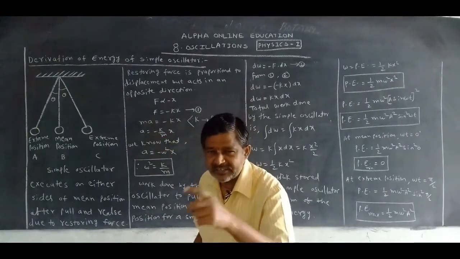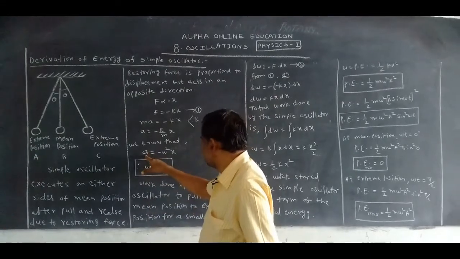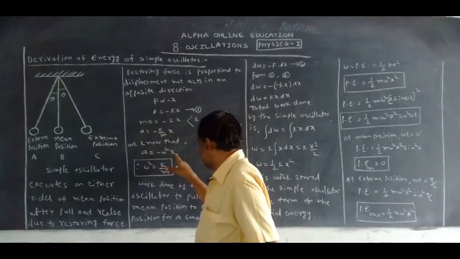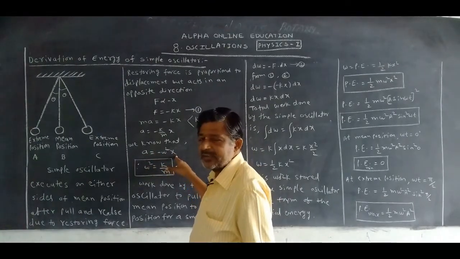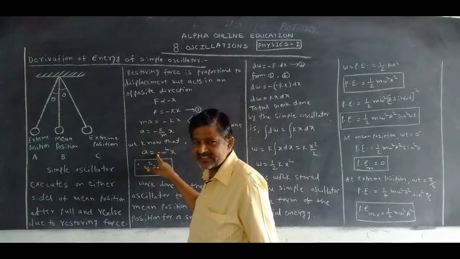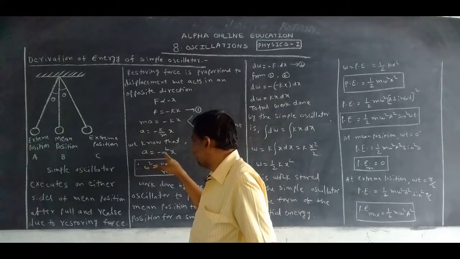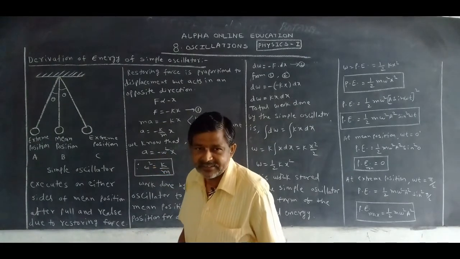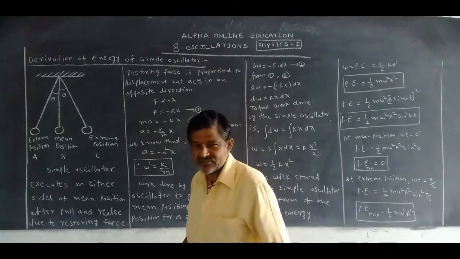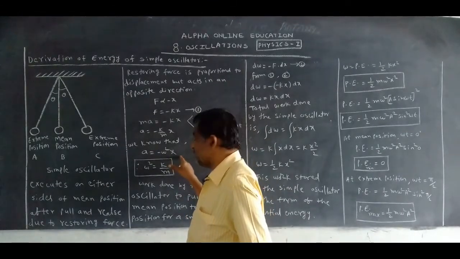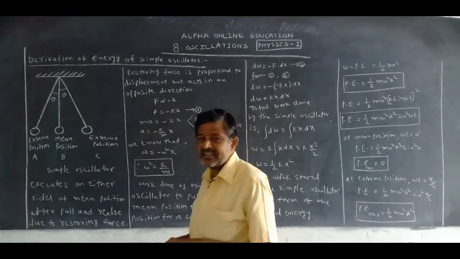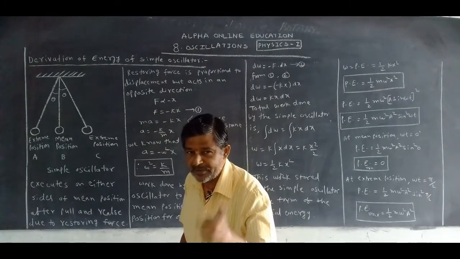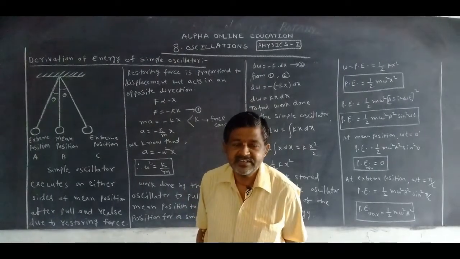We know that the acceleration of a particle in SHM is proportional to displacement and acts in the opposite direction. If we remove the proportionality, we get omega square. This we got in the first 8 marks question. You must always remember this equation. This equation was again used in the derivation of the time period of a simple pendulum: a is equal to minus omega square x.